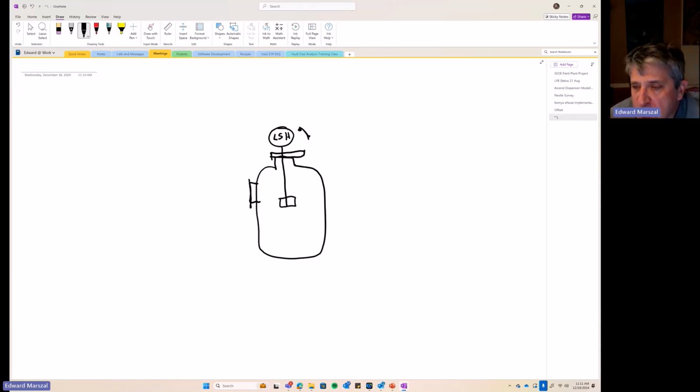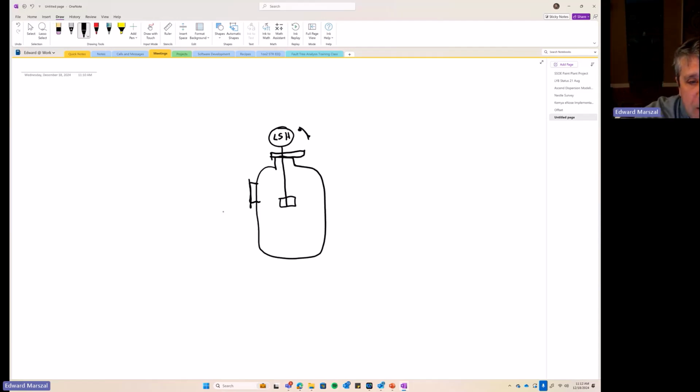Now, it's your job to write a test procedure for this sensor. What procedure am I going to write to test this sensor? Well, the only way you can really test this sensor is to fill the vessel up. But filling the vessel up is wasteful and dangerous. So an enterprising engineer said, you know what?